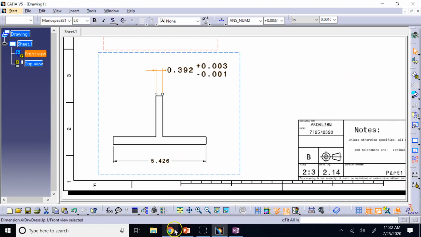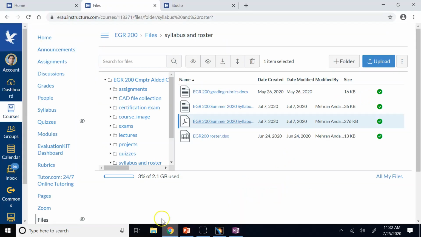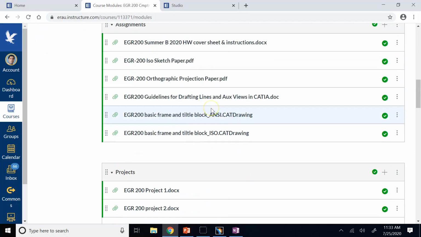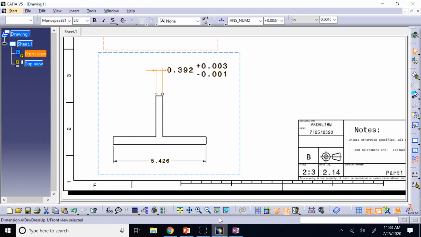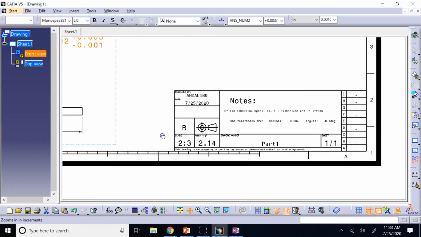By the way, since I just talked about this frame and title block, on Canvas, under modules, under assignments, there are two customized frame and title blocks which we made for this course. One of them is for ANSI standards, one of them for ISO, and I recommend you use those for your homework, quiz, and exam instead of the ones that CATIA, the Solid Systems, provides.